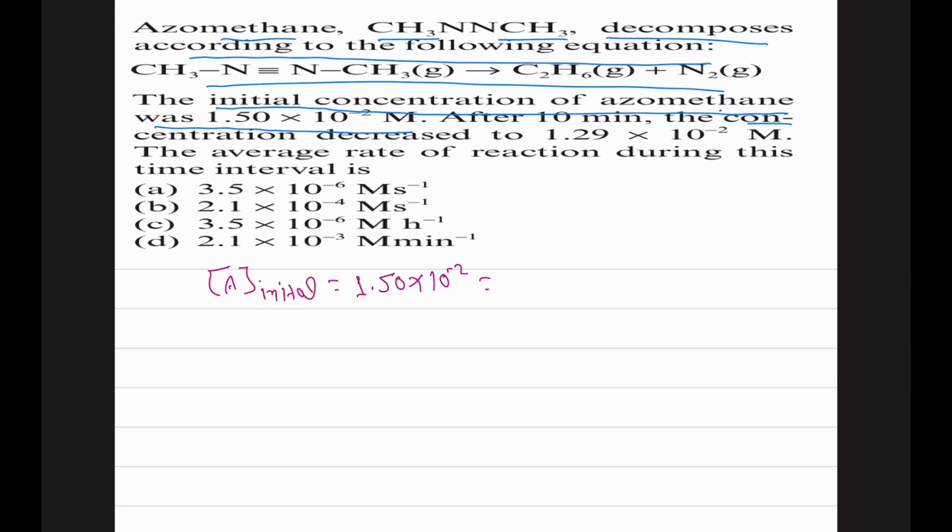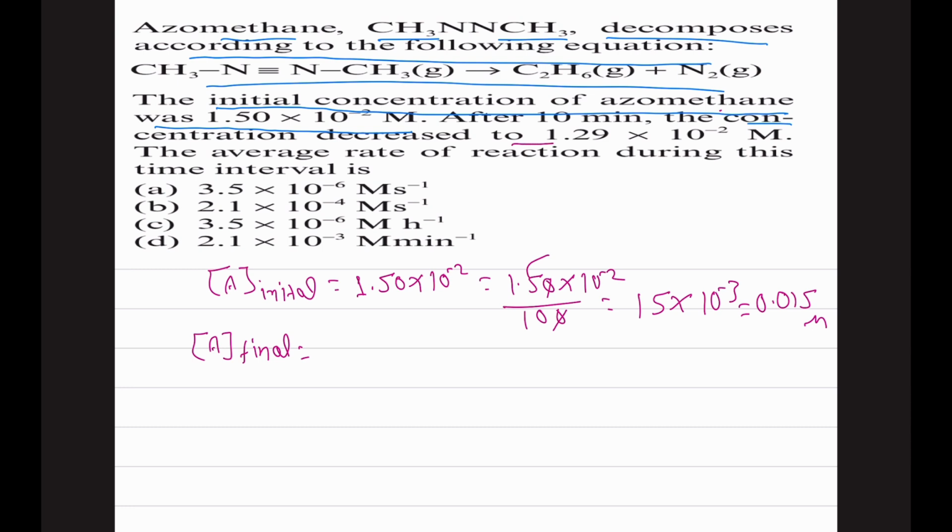So here I can write 1.50 into 10 to the power minus 2, which is 15 into 10 to the power minus 3, so 0.015 M. This is the initial concentration. The final concentration of azomethane is given as 1.29 into 10 to the power minus 2 molar.